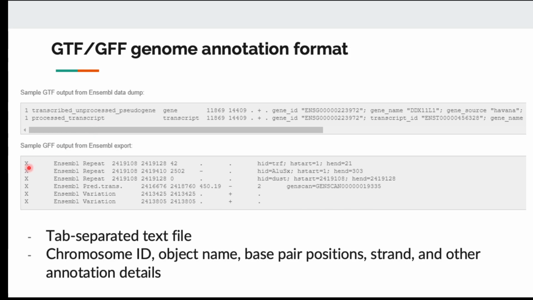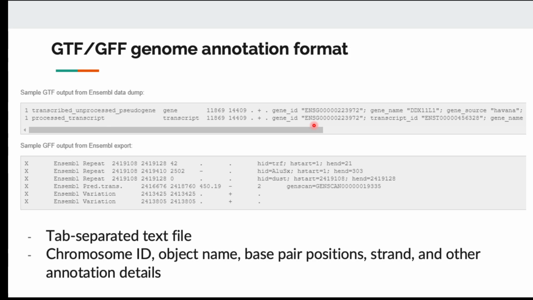In there will be chromosomes, in this case chromosome X, and then the information on whether it's a gene or transcript or exon, to tell you which genomic elements are at that location. And then the base pair from this base pair to this base pair, and is it on the plus strand or the minus strand? And if it's a gene or exon, they're also going to annotate the gene ID for this location.